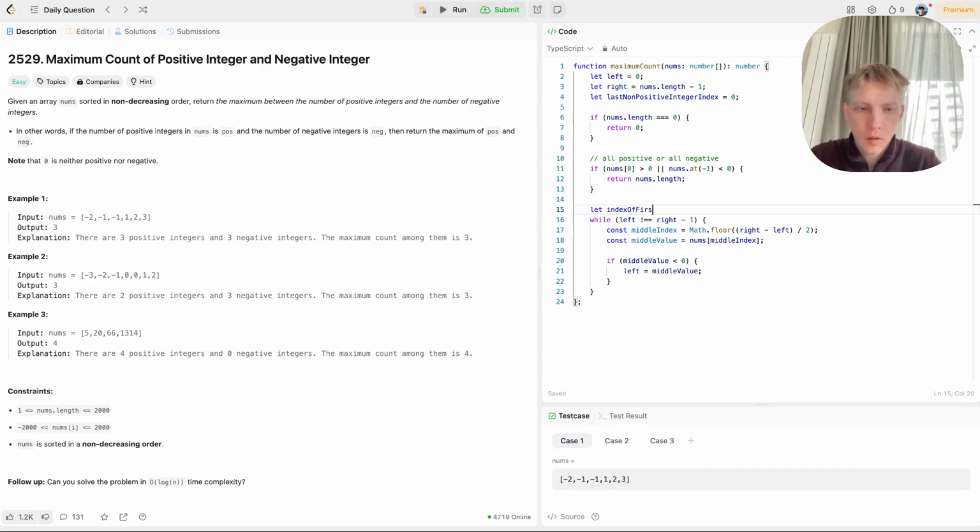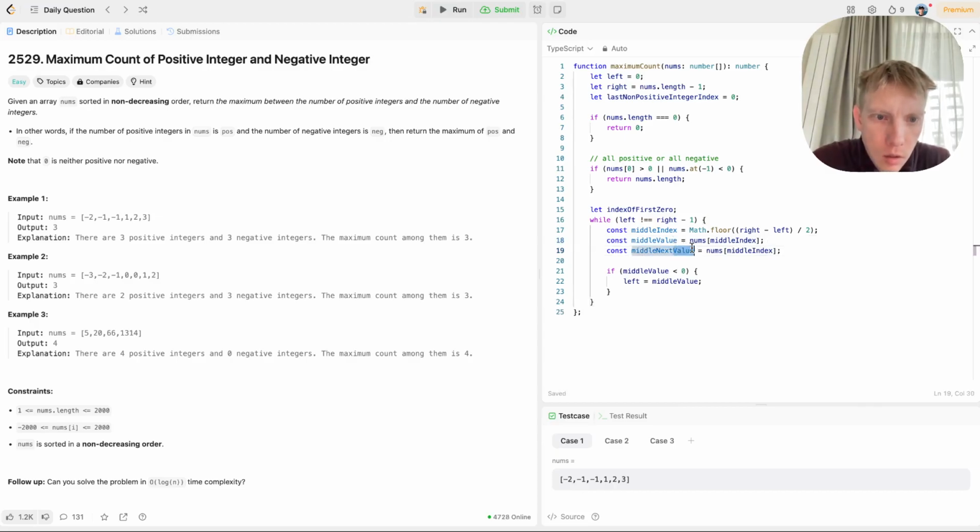This is for the first 0, if it is less than 0. But we may not have 0 at all. So the middle value and middle next value, middle plus 1.